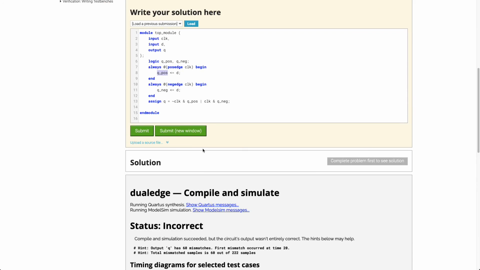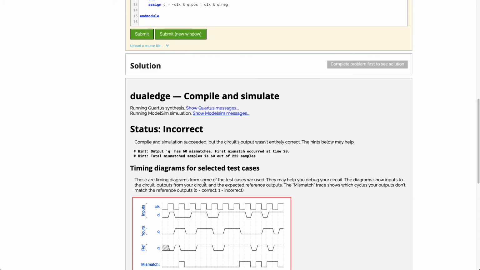Likewise, the converse is if the clock is up, then I know the most updated thing. So pos edge is this, and then if it's neg edge, or clock going back to 0, I would take this edge.